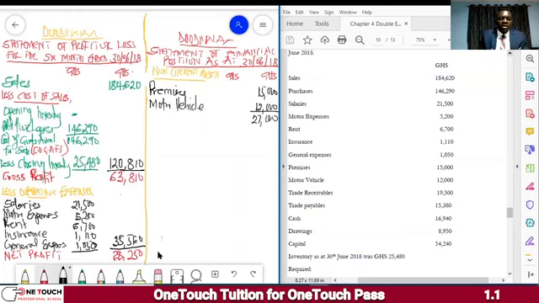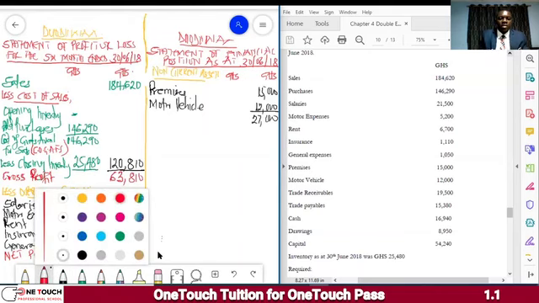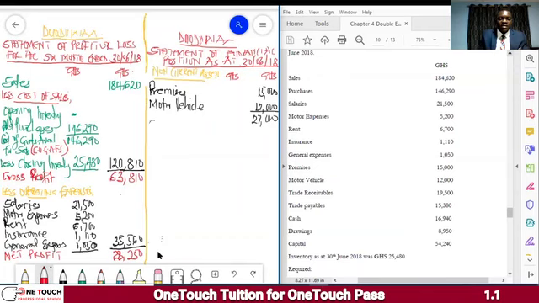Then I list my current assets. That is assets that are exhaustible within one accounting period. Okay, good. Benefits the company for 1 year. Okay, that is current assets.